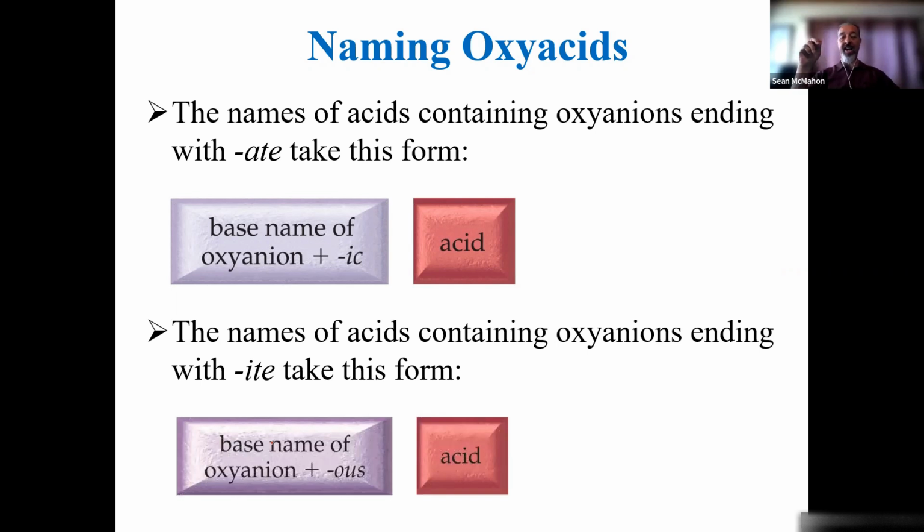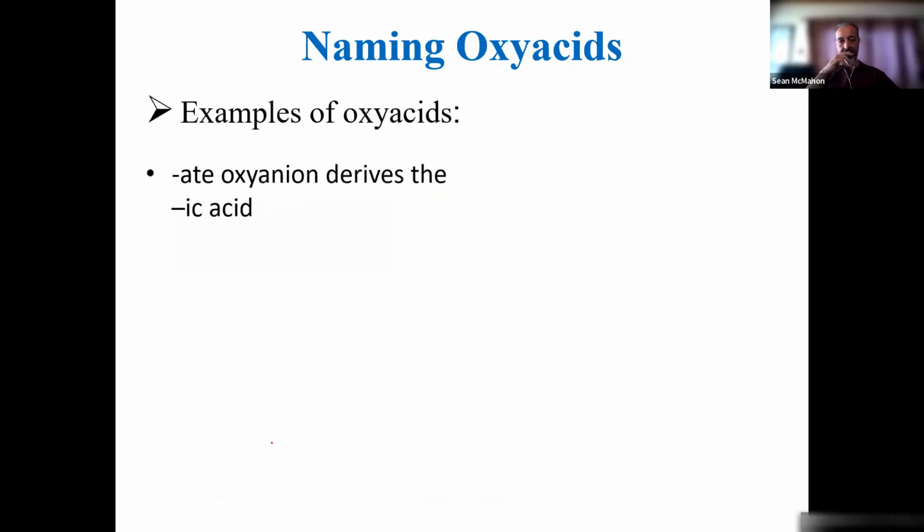So the ate ion derives the ic acid. The ite ion, remember, ite is one less than ate, derives the ous acid. So here are some examples where I use the ate oxyanion to derive the ic acid.